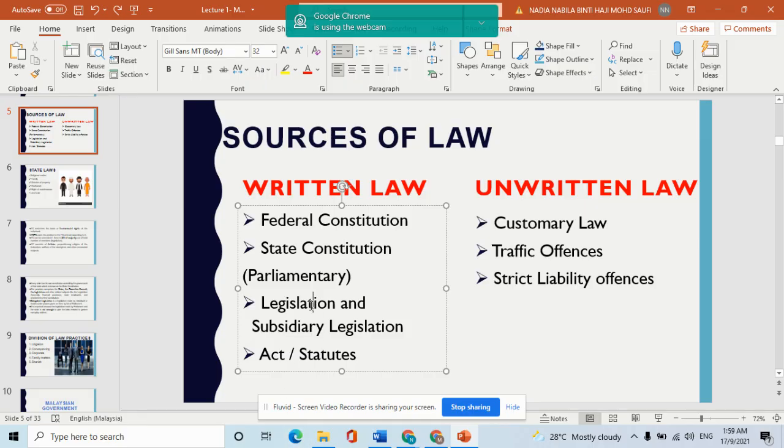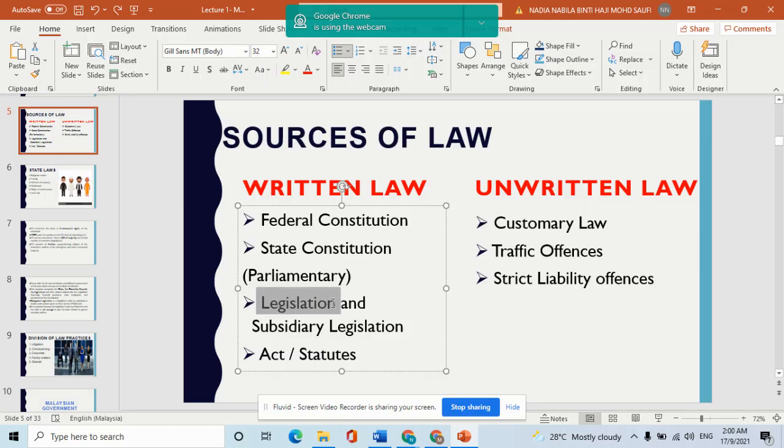Next is legislation and subsidiary legislation. Legislations are rang undang-undang, which means laws which are drafted and legislated in order to become legit, legal documents, as opposed to subsidiary legislation.